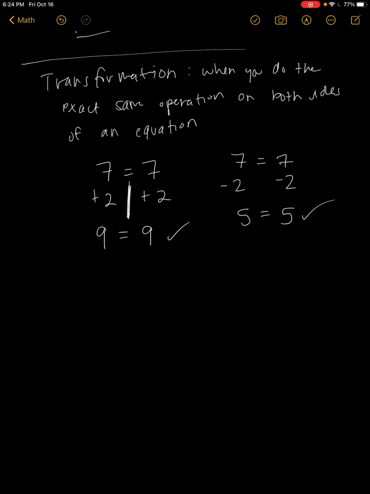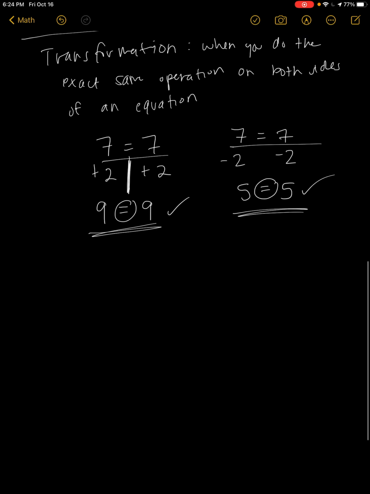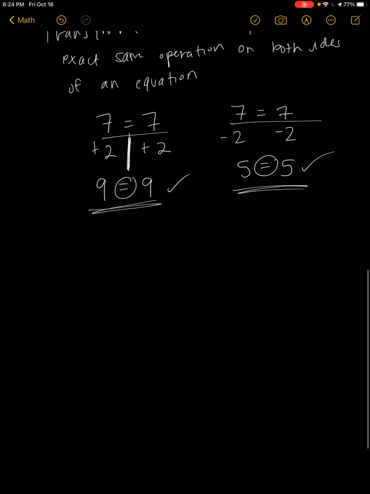To both sides to keep it equal. So as long as I'm doing the same thing, it's going to stay equal, right? Which is the main key here, because it's an equation. I'm trying to keep both sides equal. Okay, so when we have an equation that actually has variables, right?